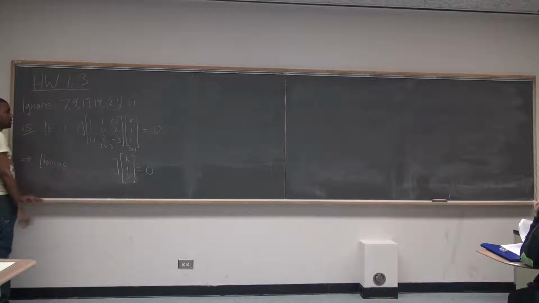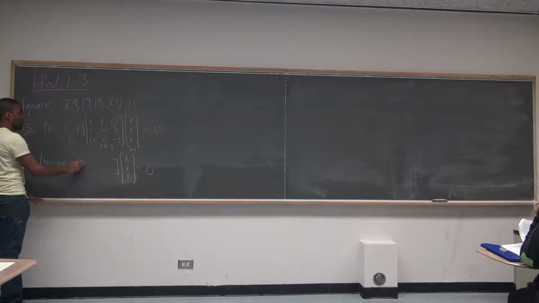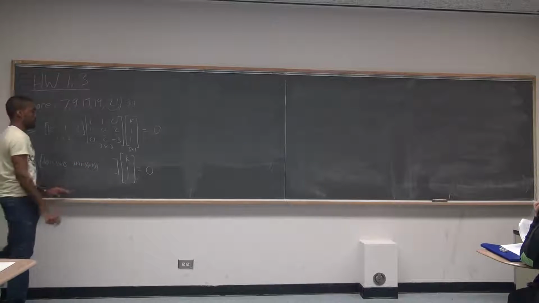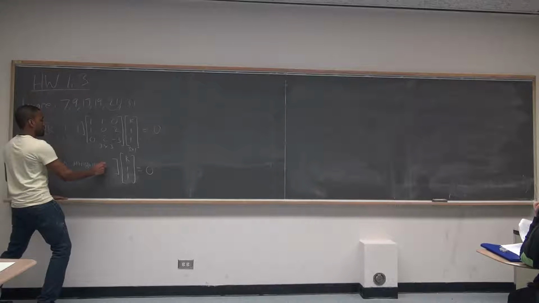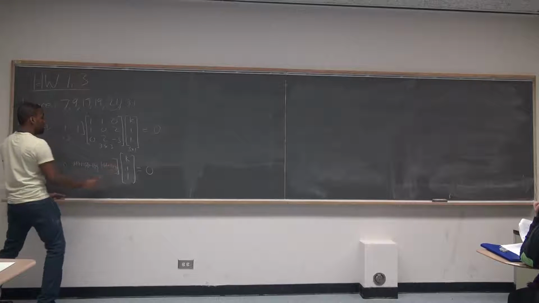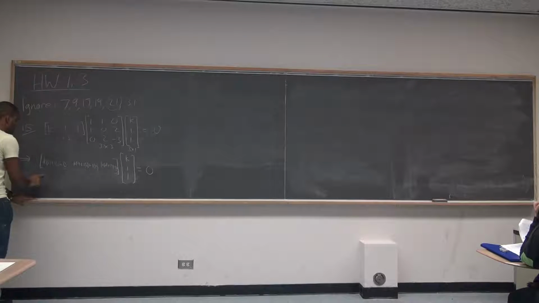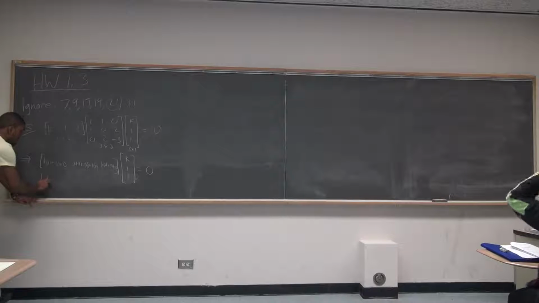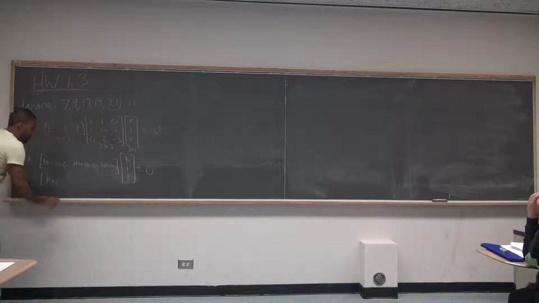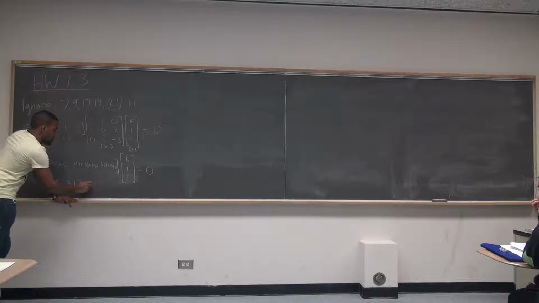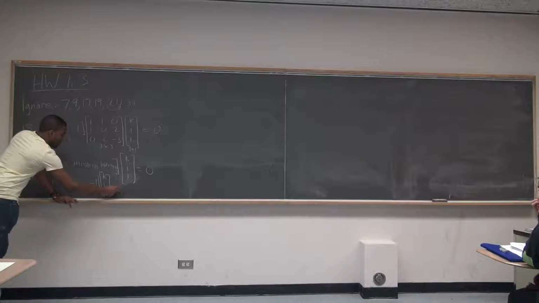Second element here. And the last element: 0 plus 1 times 2 plus 1 times minus 2. So basically this is k plus 1, k plus 2, minus 1, all times k, 1, 1 equals 0.